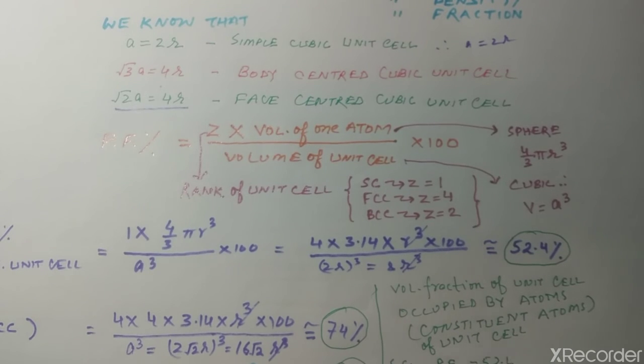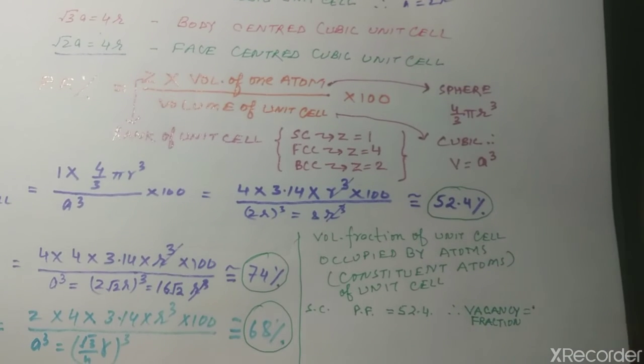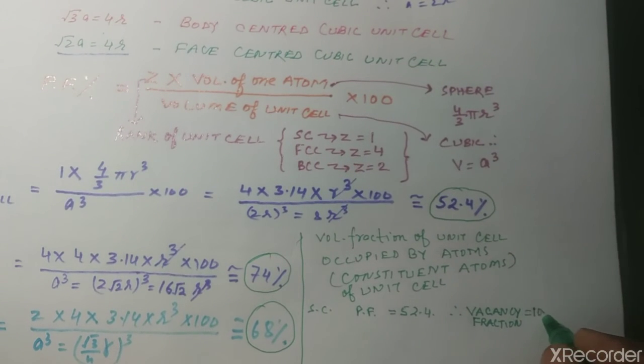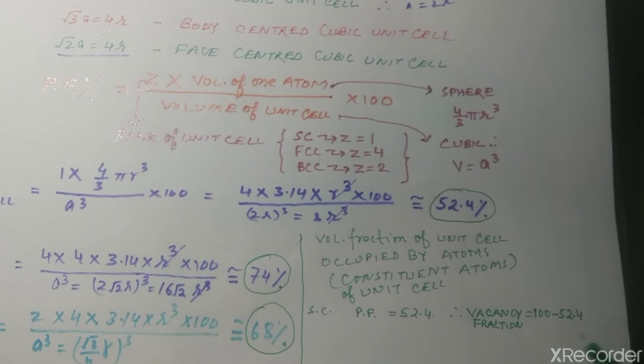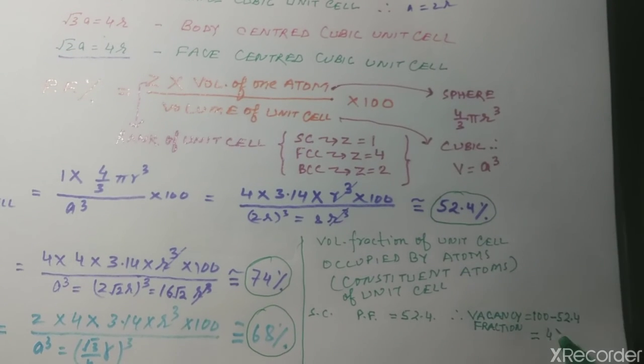So for example, in simple cubic, packing fraction is 52.4%. Therefore, vacancy fraction कितना है? Vacancy efficiency or vacancy fraction, that is 100 minus 52.4, right? That is 47.6.